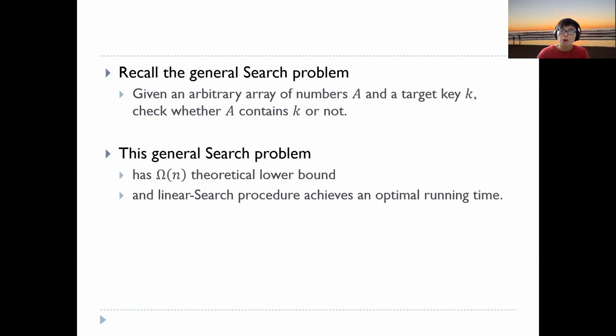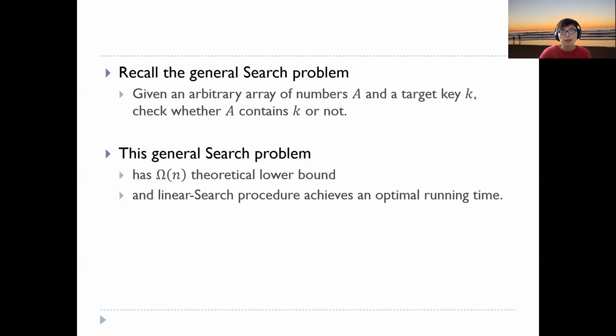We also said last time that if you know nothing about this array, then you have a big omega of n theoretical lower bound, which is tight because in the worst case, you have to check every element in the array to know whether your key K is inside or not. The linear search procedure achieves an optimal running time, which matches this lower bound.